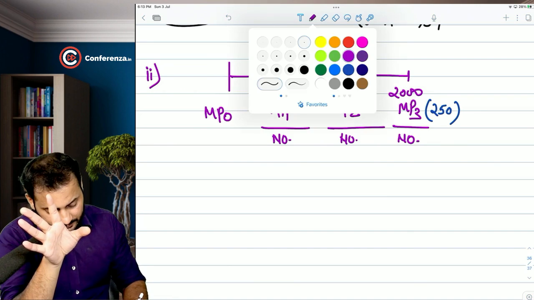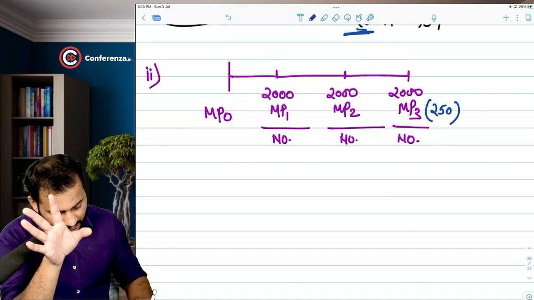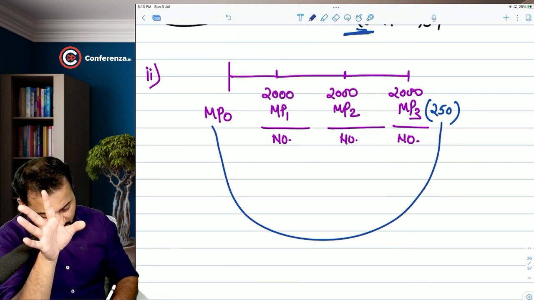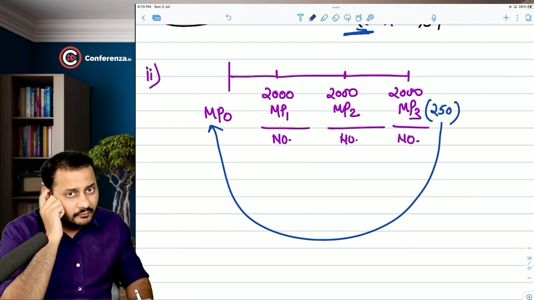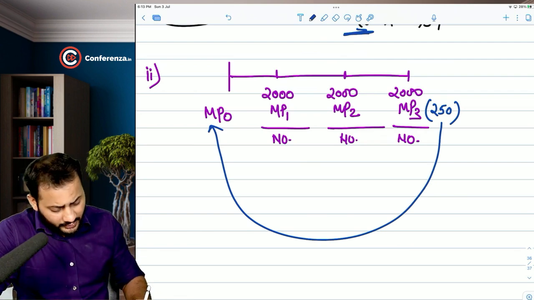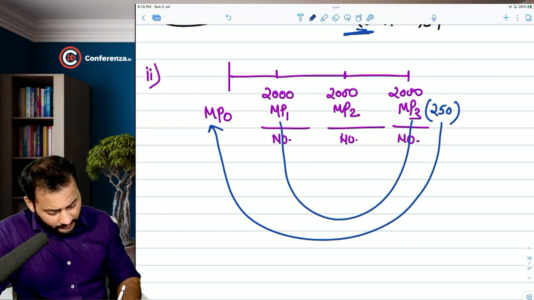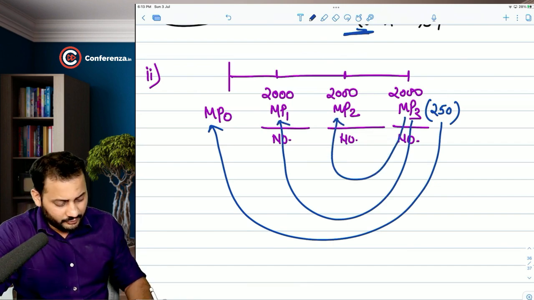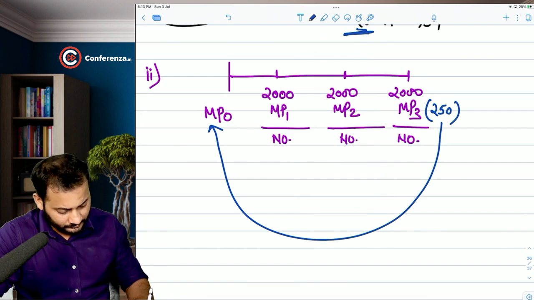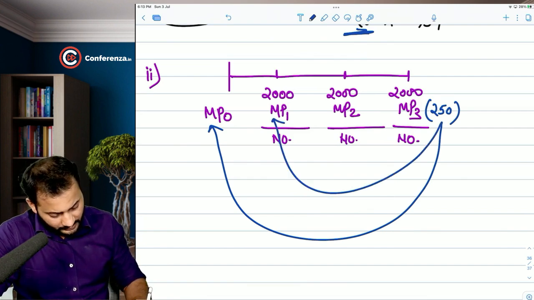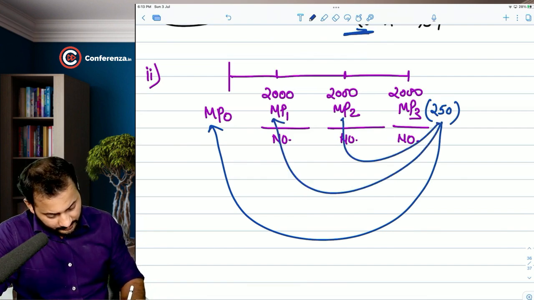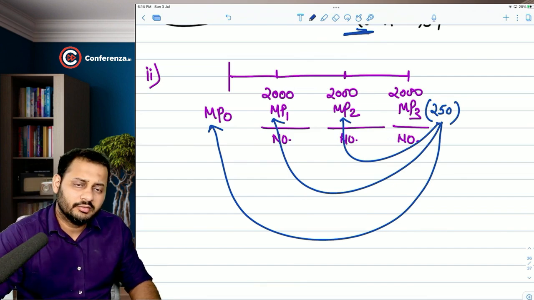Like this. Can't you calculate MP1 with the help of MP3 and MP2 with the help of MP3? MP1 and MP2. Yes, we can do that.